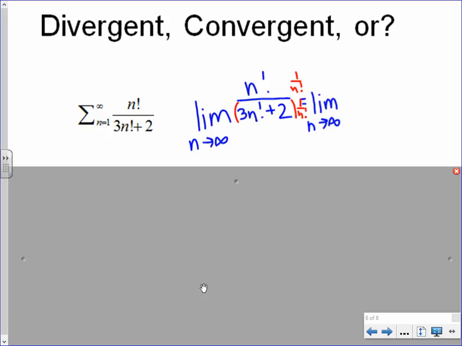Okay. So basically we would have 1 over 3 plus 2 over n factorial. If we think about the limit towards infinity, this 2 over n factorial is obviously going to go to 0. So we're left with 1/3.